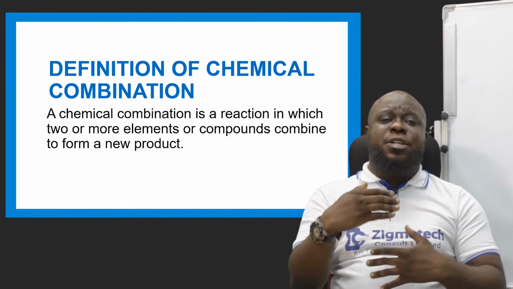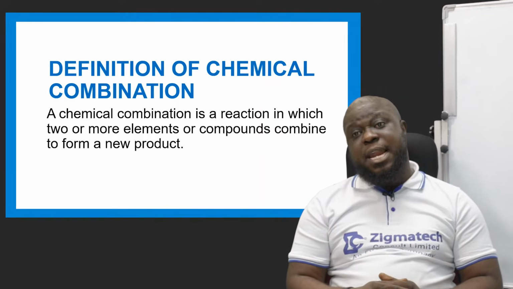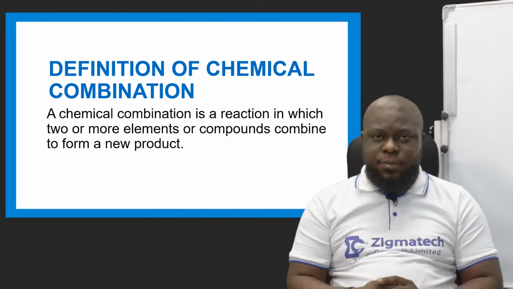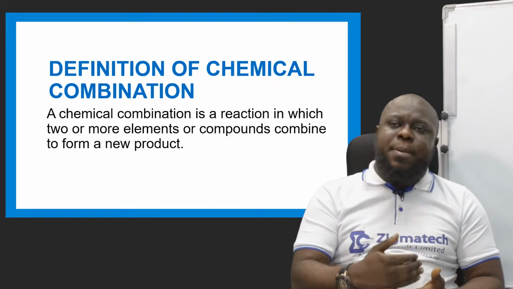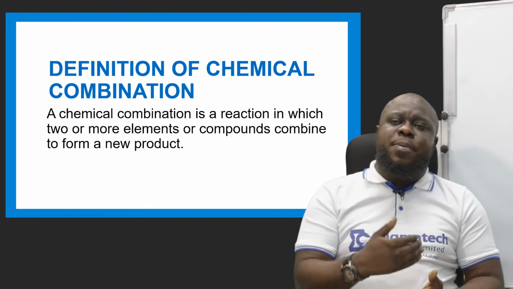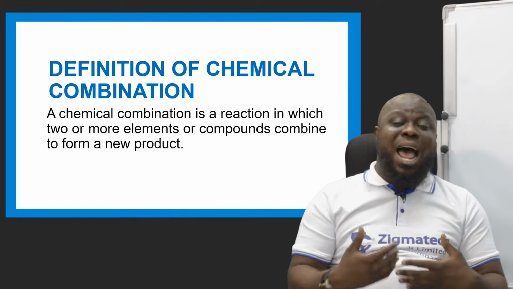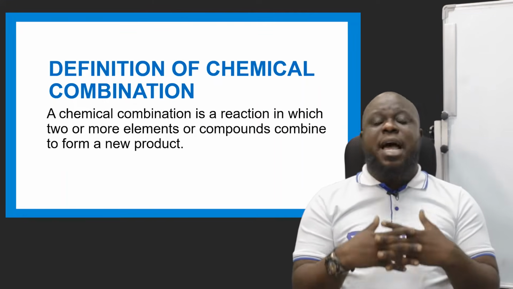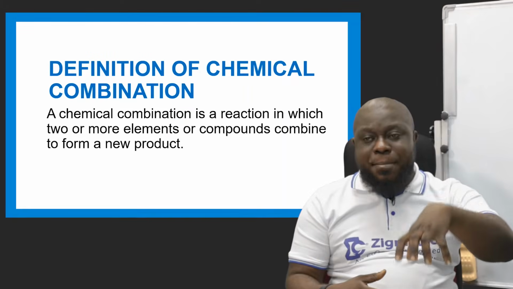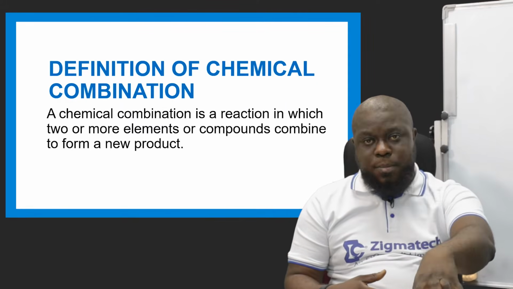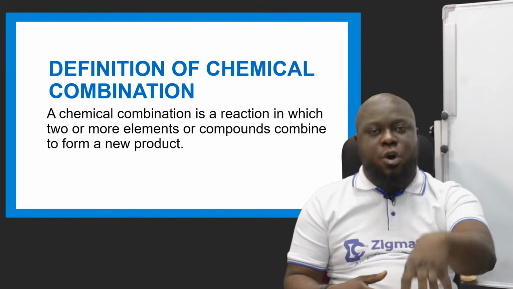Remember, when this reaction is taking place, they have an energy, and that energy is called activation energy. The energy that is used in chemical combination, the energy used in chemical reaction, is called activation energy. This activation energy is what is used in attaining chemical equilibrium and a new product.